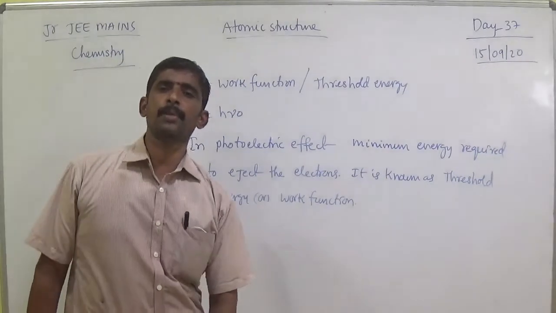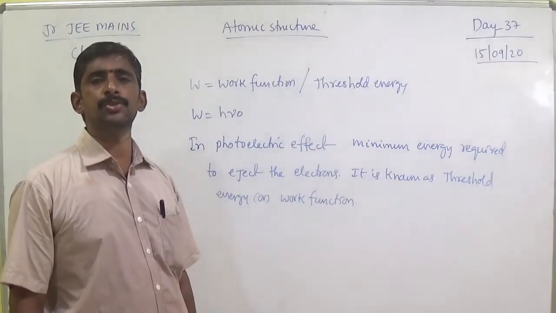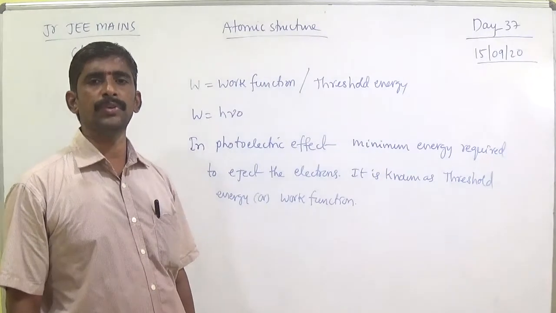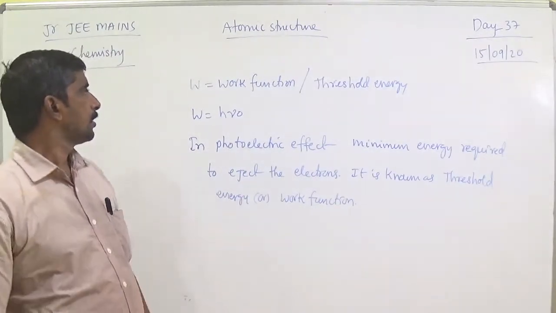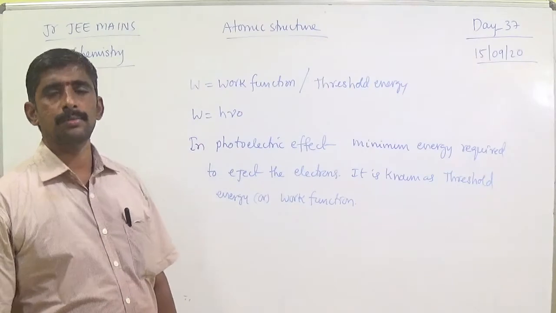It is denoted by the symbol W, or W equal to h nu naught. Here nu naught means threshold frequency. So these are one of the concepts and formulas of the photoelectric effect.